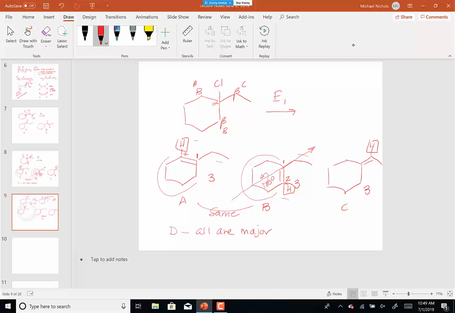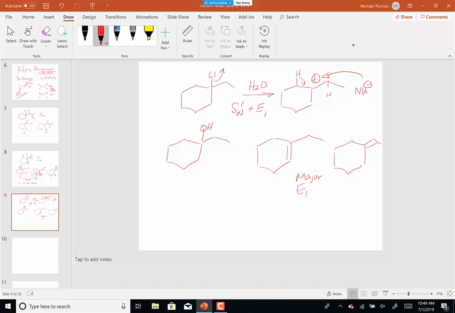But outside of that, in real life, I can't go to the lab and say, I want to do an E1 reaction. Really, I don't think I can. So it's not a good way to make only a double bond. So we're going to treat the double bond as if it's a nuisance.